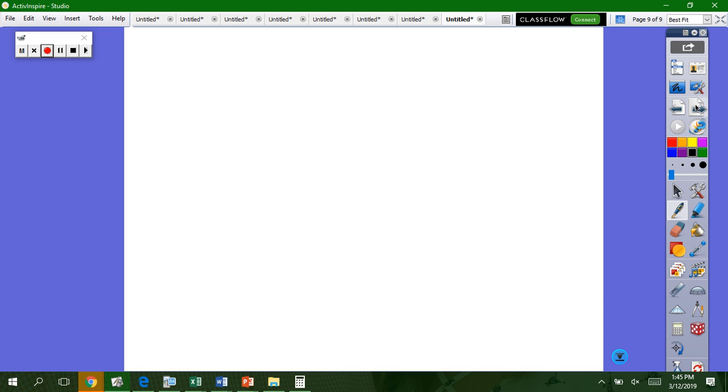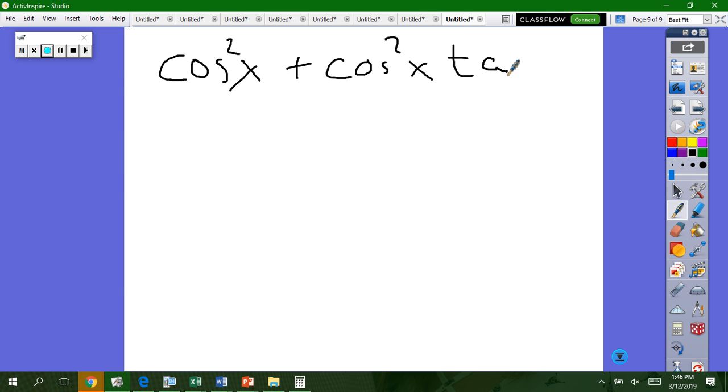Are we good? Rafe, you got one? 48. What does it say, Rafe? Cosine, hold on, cosine squared of x. That's a good one. Is that what it looks like right there, Rafe?